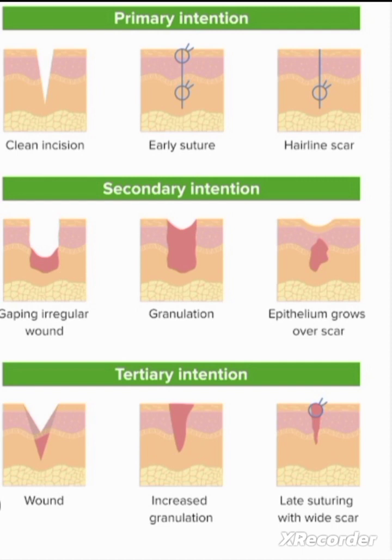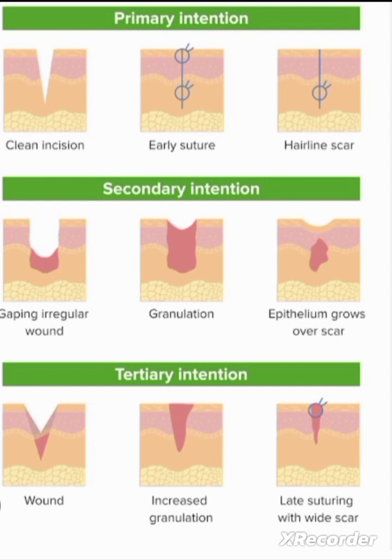That's why a lot of debridement is needed in the tertiary intention healing process. Due to that there will be increased granulation, and late suturing can be done, or otherwise we can go with flap repair or other methods.